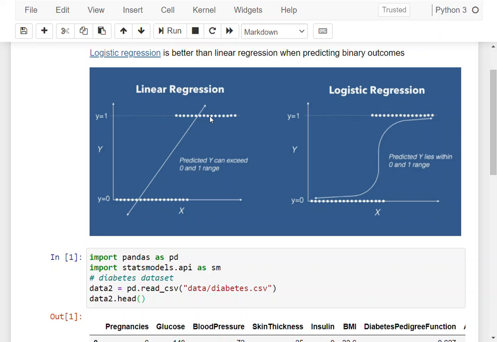And this trick is a function that converts this unbounded line to a bounded curve, which goes from 0 to 1. Now, I'm not going to talk about the theory here. There are a couple of functions that allow us to do this conversion.